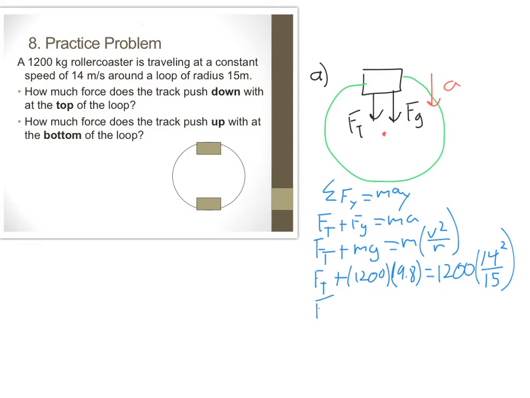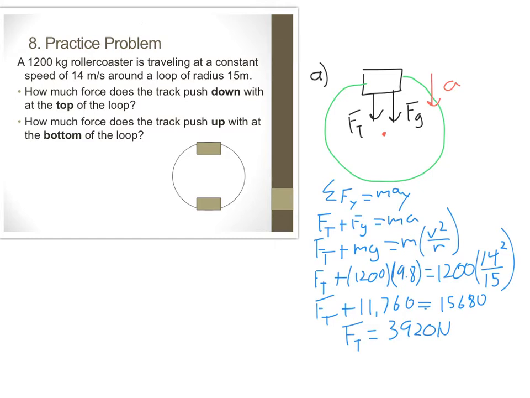So then I end up getting that Ft plus 11,760 equals 15,680, and so my force of the track at the top is going to be 3,920 newtons.